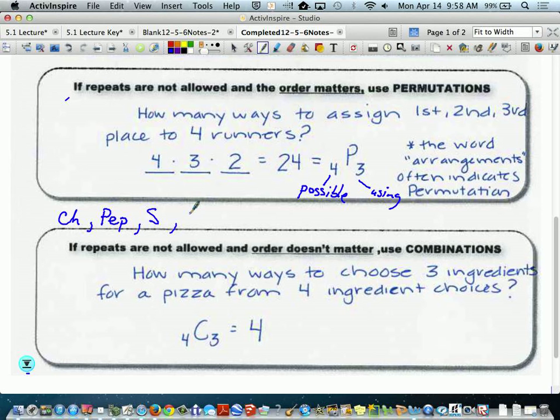Why does it matter? Just write it down. We'll do sausage, Italian sausage. I don't know. But I'm not putting pineapple on my pizza.